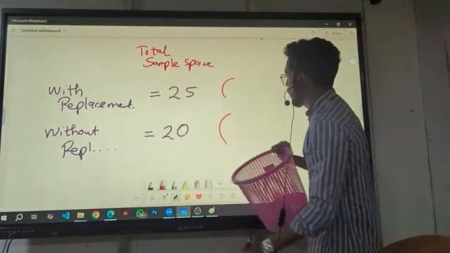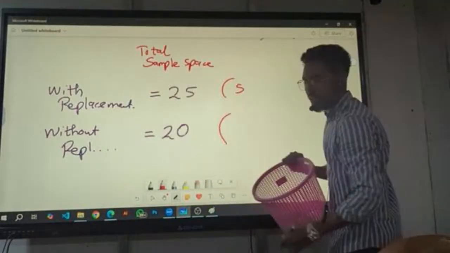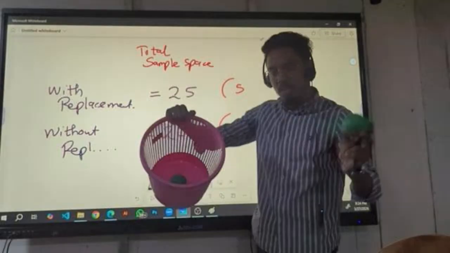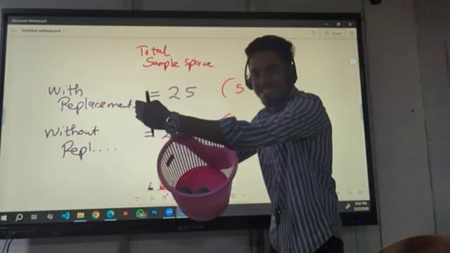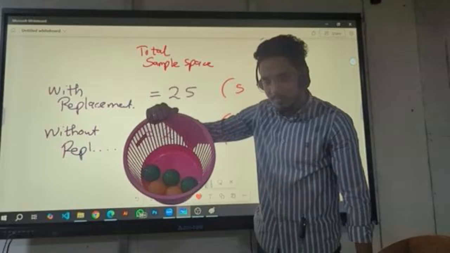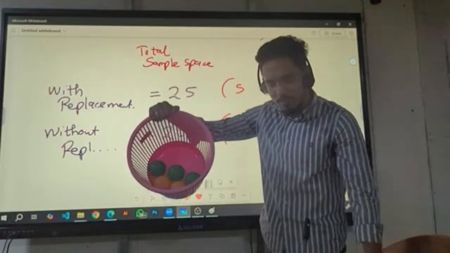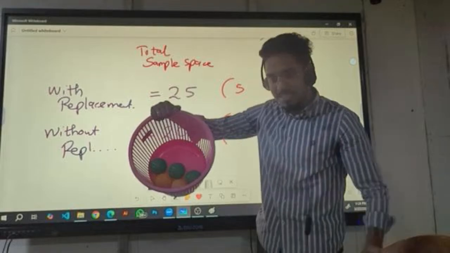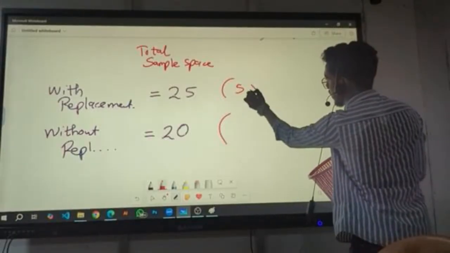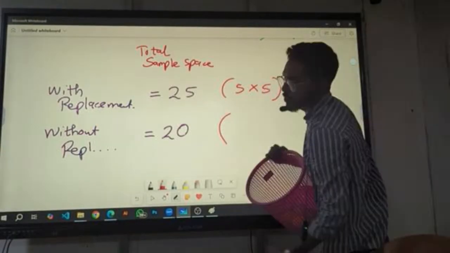So in the first row I have 5 balls. I'm going to select a ball with replacement and put it back. Now Hamas is going to come. How many balls will Hamas have now in with replacement? Hamas also has 5 balls. So first draw times second draw, 5 into 5 gives me 25.